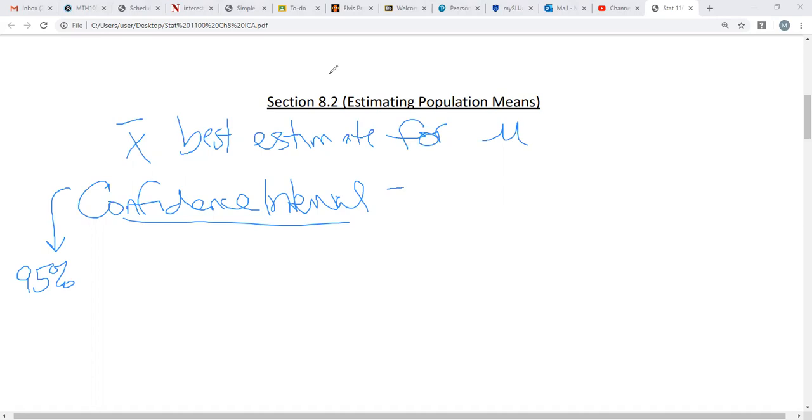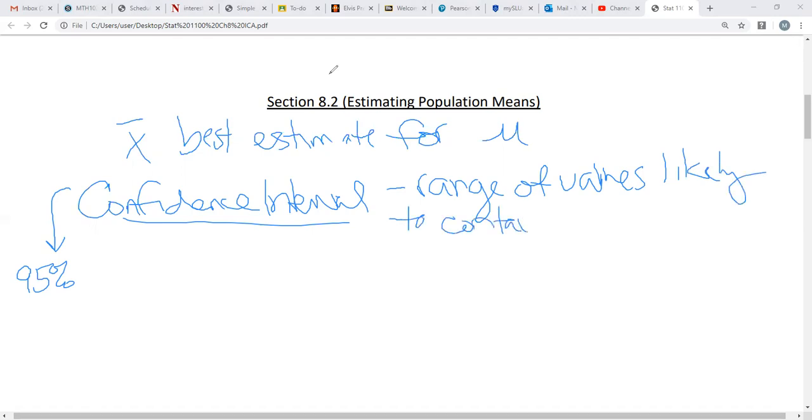But this confidence interval is going to be the range of values that's likely to contain the true population mean.